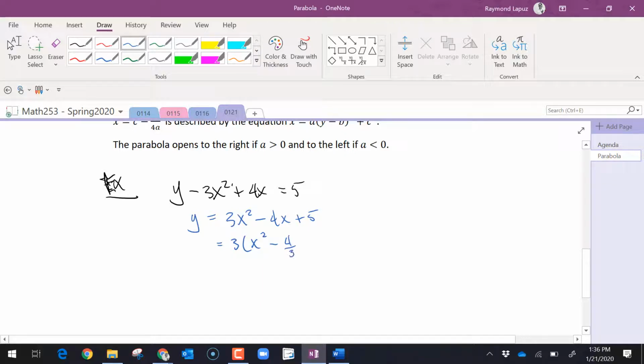And when you factor out a term that doesn't have that exact factor, it's like dividing it out. So you get that. I'm going to leave a blank space over here because I need to figure out something to add in the parentheses and at the same time subtract outside of the parentheses so that I will have a perfect square. So what do I add?